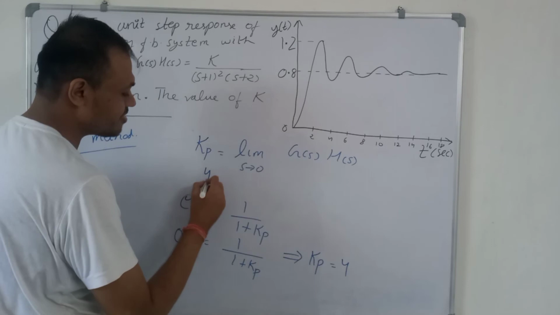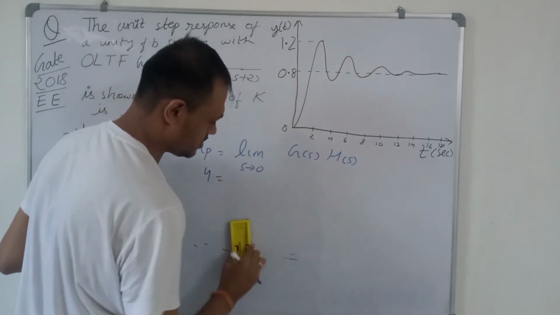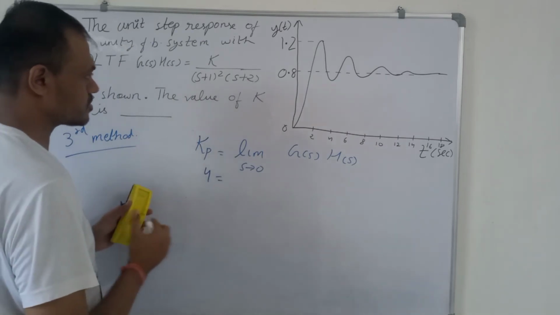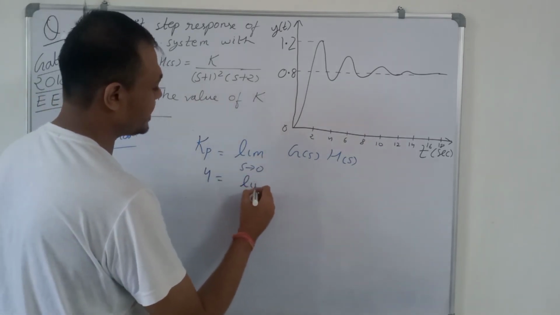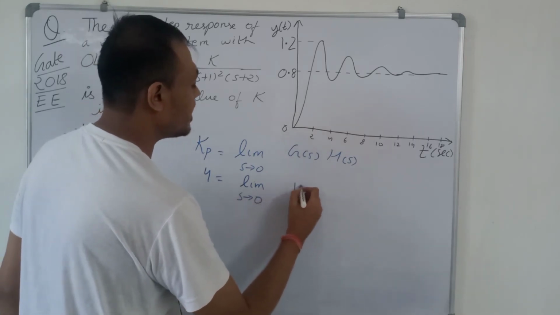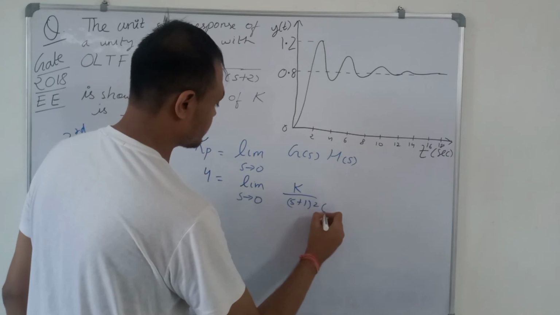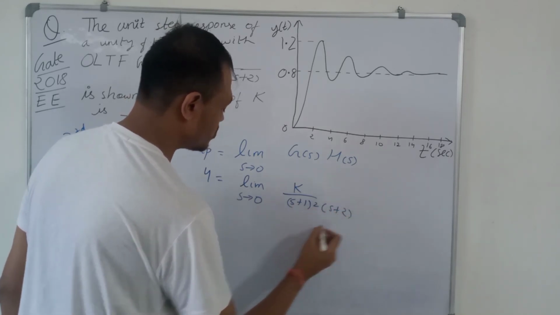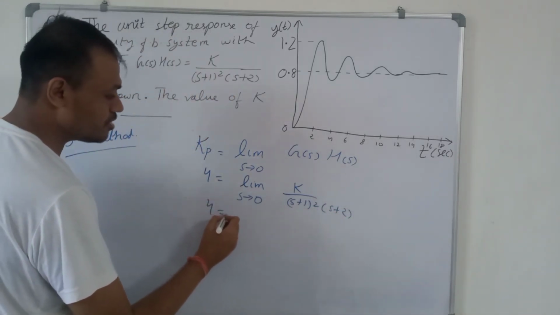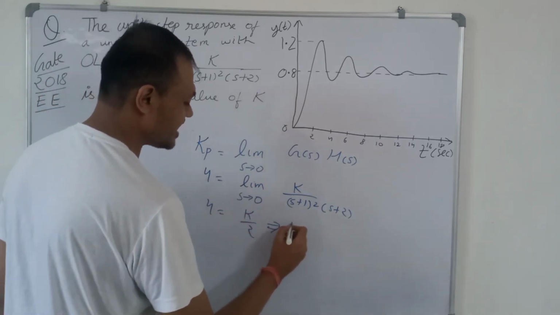So 4 will be equal to limit s tends to 0 of k upon (s plus 1) whole square into (s plus 2). So if you put s equal to 0 here, then this will be equal to k upon 2. So again the value of k is 8.